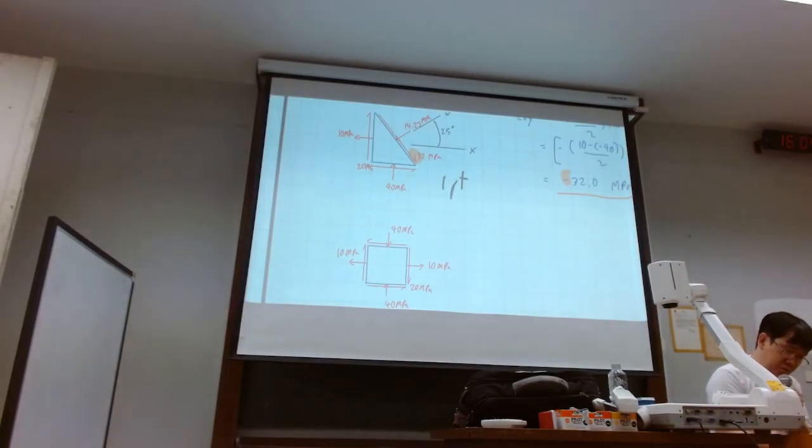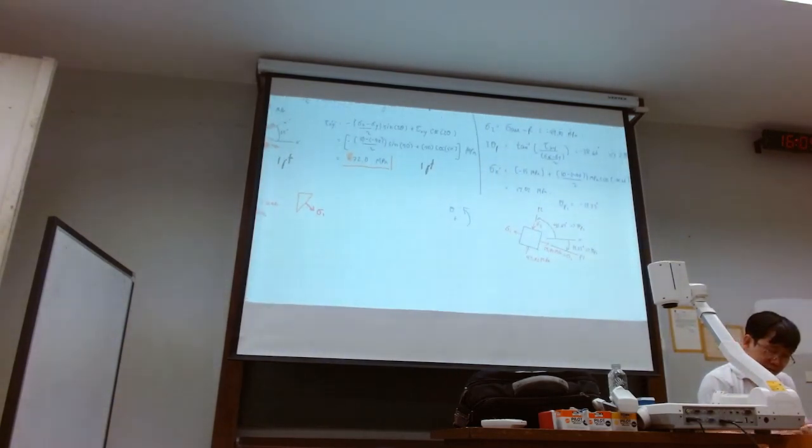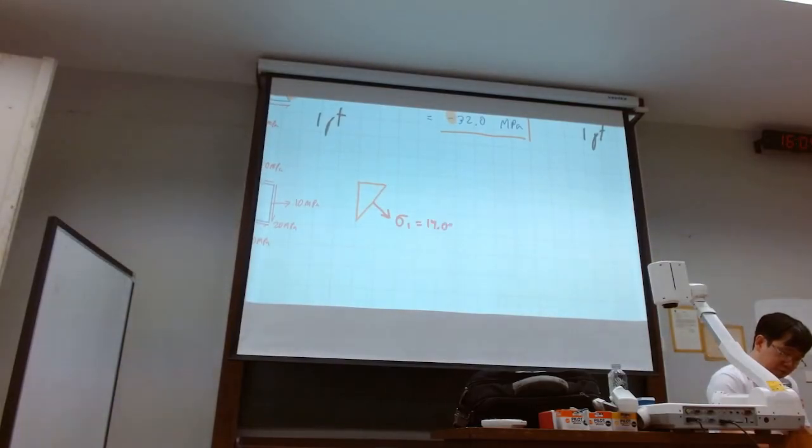So what we do here is rotate this stress element by forming another triangle. We cut this part, we got this part and this triangle, and this one is your sigma 1, and that is 17.02 MPa.